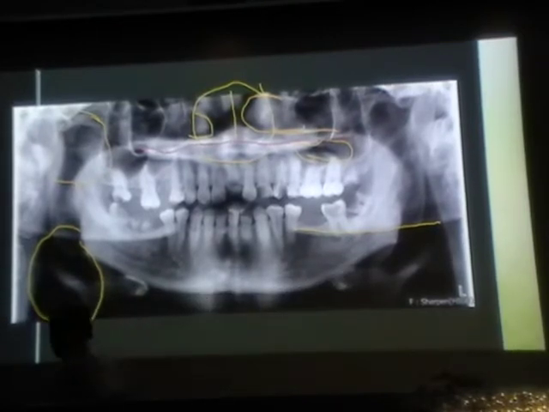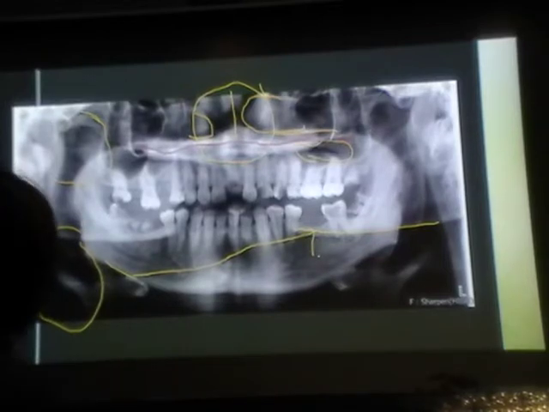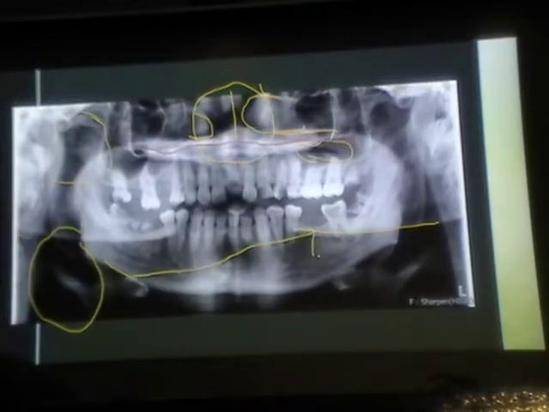What is it? So here, this part of the mandible is presented like here. So that's the ghost image of the inferior portion of the mandible.